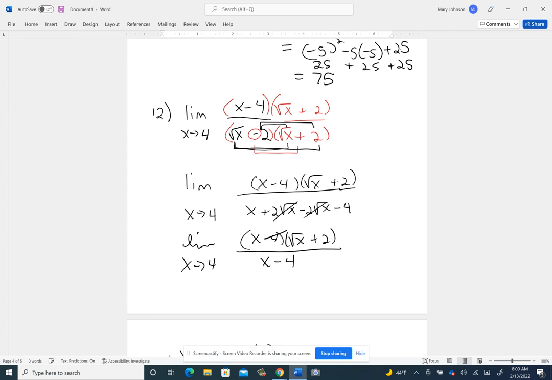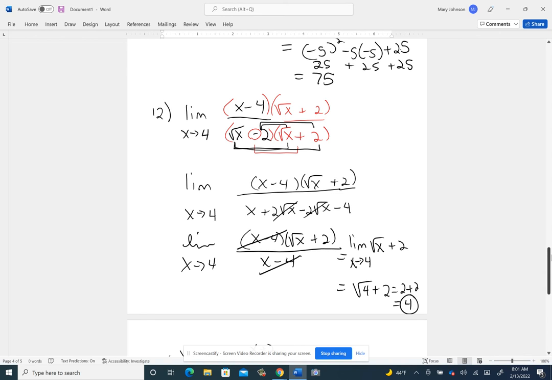And it turns out then that that x minus 4 could cancel out, and we could just do the limit of the square root of x plus 2 as x approaches 4. And we can now do it by direct substitution. So we plug in 4 for x, we get 2 plus 2, or 4 for our limit when we're finished. Okay.